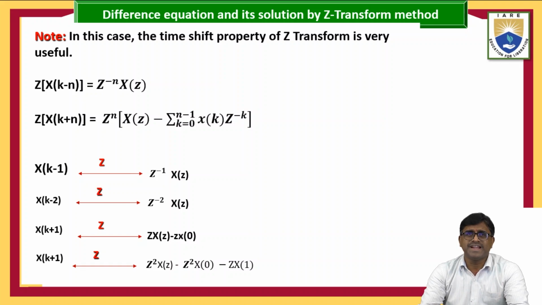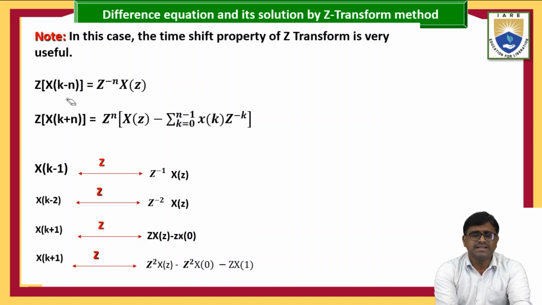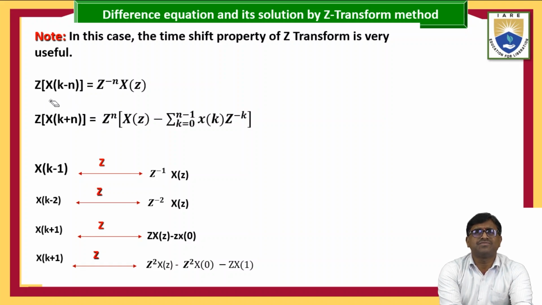From the time shifting property, the term x of k delayed by n, that is the Z-transform of x of k minus n, delayed by n interval times, is z to the power of minus n into x of z. Whereas for the forward time intervals, the Z-transform of x of k plus n is z to the power of n into x of z minus the initial values, where the summation runs from k equals 0 to n minus 1 of x of k into z to the power of minus k.